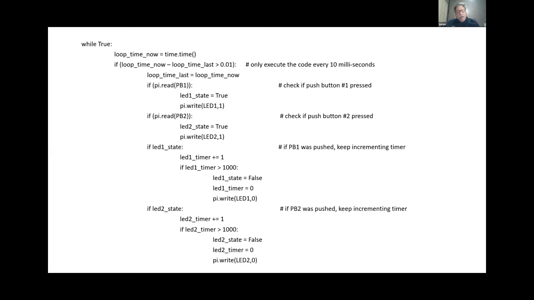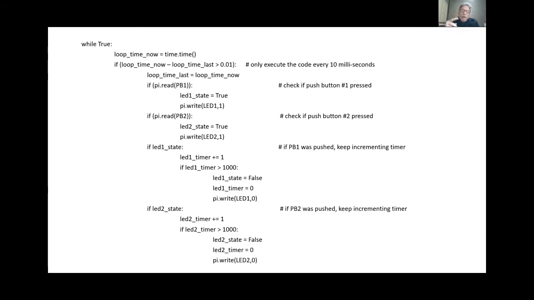So I'm just setting a Boolean register saying, is it true or not that the button's been pressed? And then I run some timer functions myself here. I'm not using time.sleep. I'm saying, if the state is true, if LED 1 state is true, then increment the timer by 1. Now, I know that I'm going around the loop every 10 milliseconds, so 10 seconds is equal to 1,000 counts in this counter.